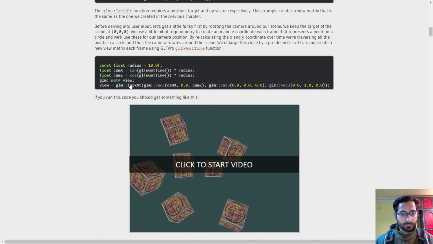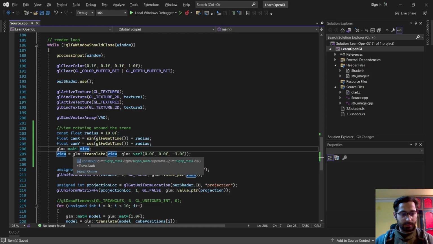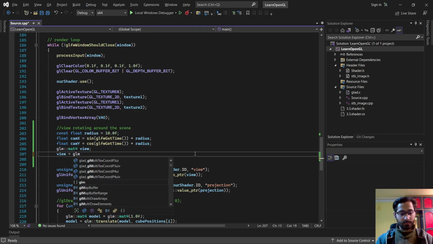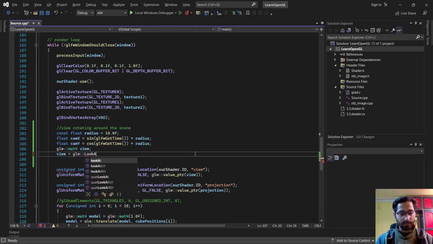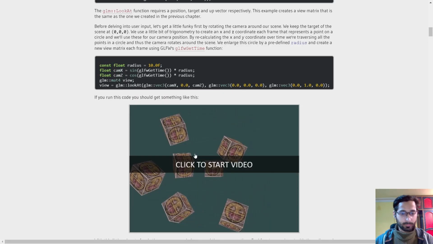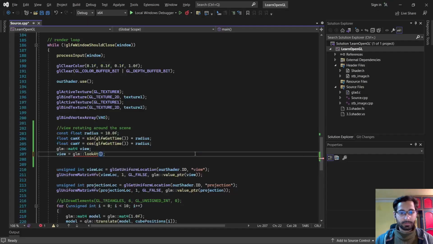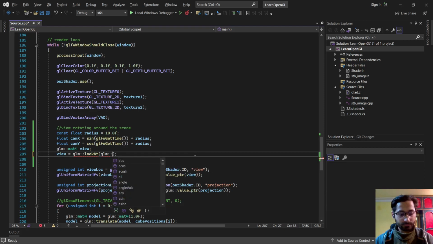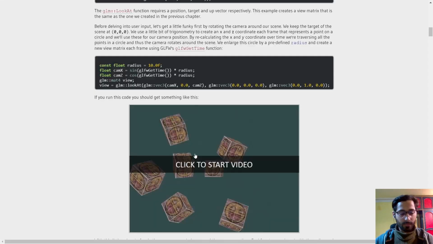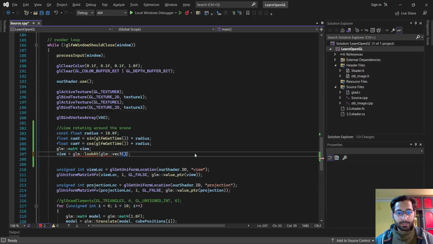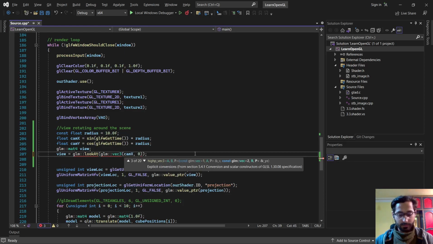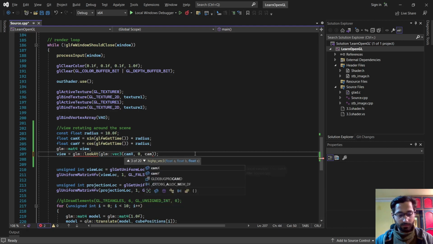And then we're going to create a glm::lookAt, which will give us a mat4. So we're going to do glm::vec3 of camX, 0 on the y, and camZ.